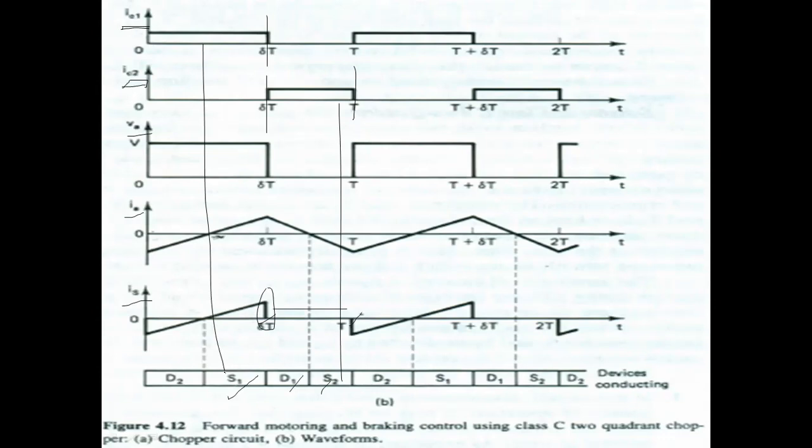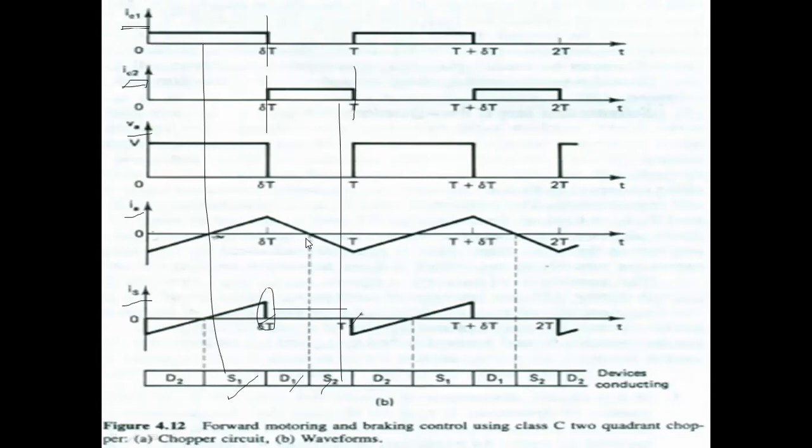When does discontinuous conduction occur? When the armature current falls to 0, and it should remain at 0 for a finite interval of time.